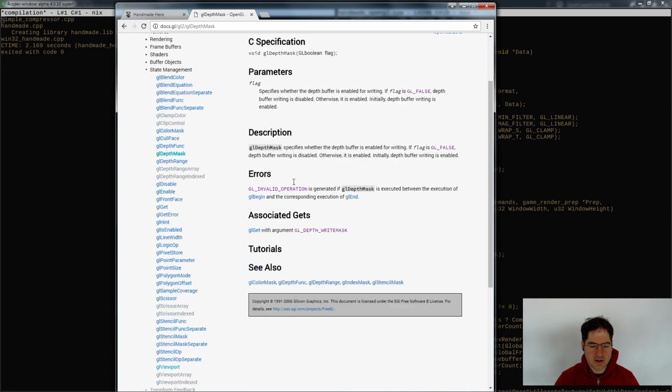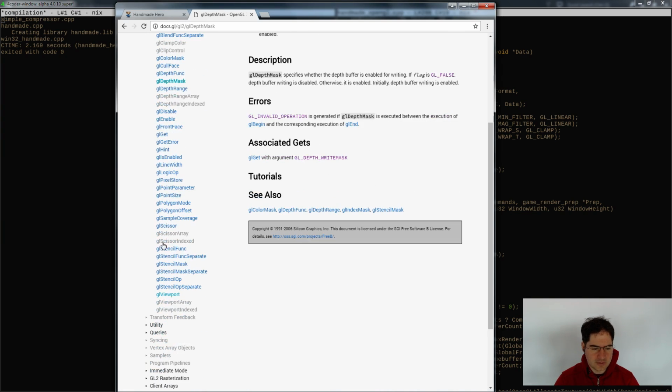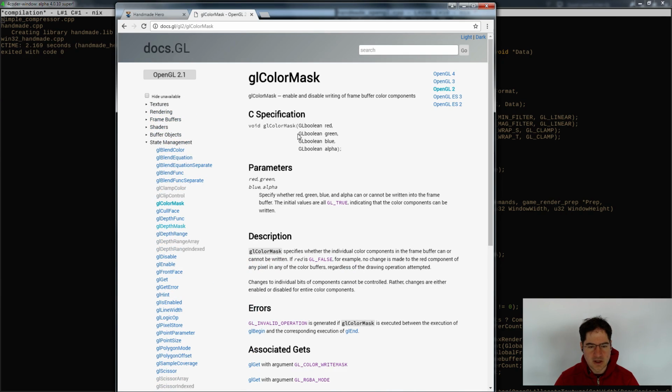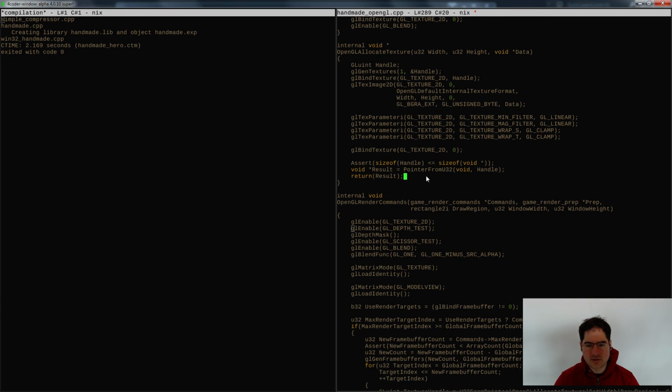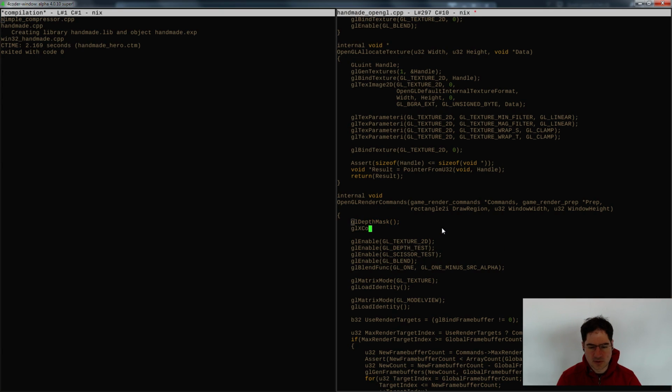And you can see here it's sort of a separate enable kind of thing. I don't know why these don't go through enable. But basically, glDepthMask is the equivalent of another function I don't think we ever talked about, glColorMask, where you can set the red, green, blue, and alpha channels. And what these do is they essentially allow us to control what we're working with, right?